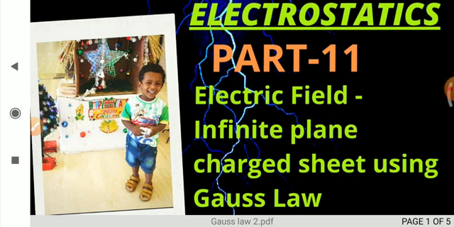Only these three things: one is the electric flux formula, another is Gauss law, and the third is the net charge. If you remember these three things, definitely you will feel this topic is very easy. Even for other applications of Gauss law, you may feel it is very easy.